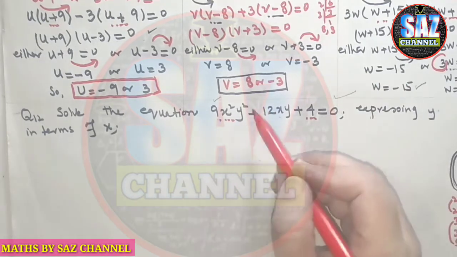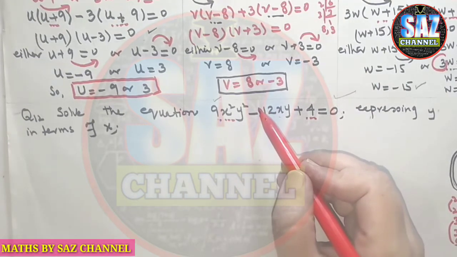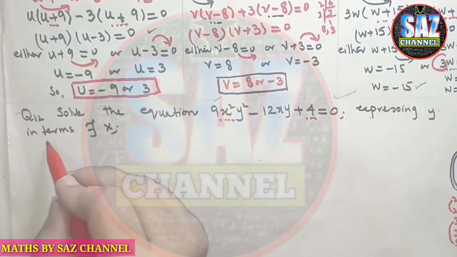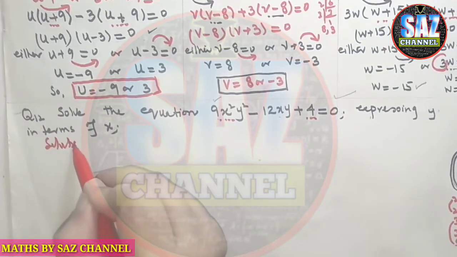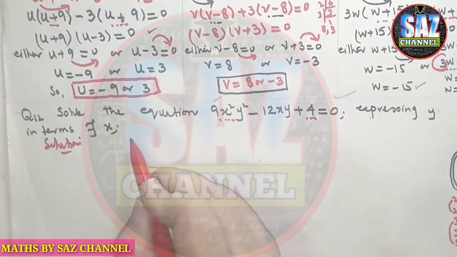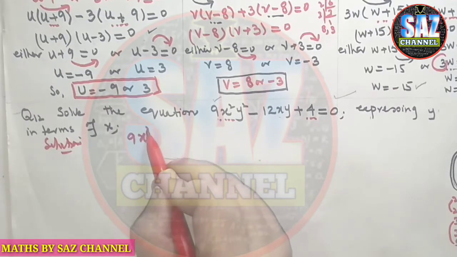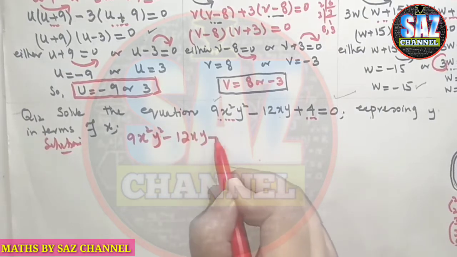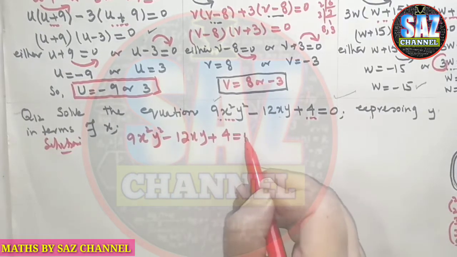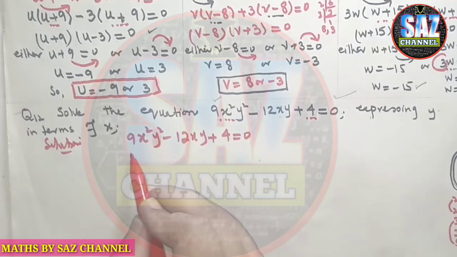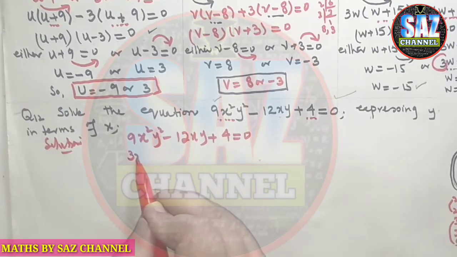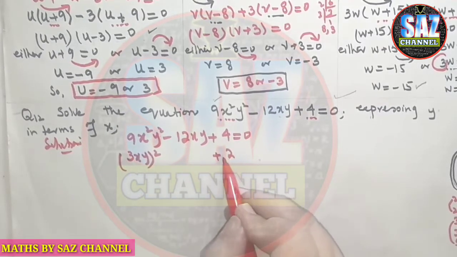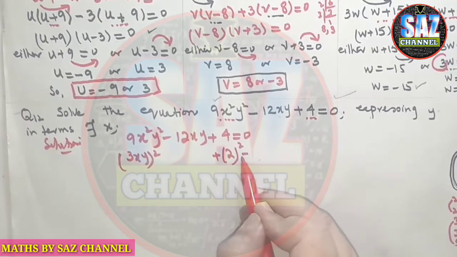As the sign of the middle term is negative, I will be turning it into the form of a minus b whole square. So in order to solve this question, first of all, I have to write the equation in the form of the identity: plus 4 equals 0. What is the number whose square is 9? That is, 3xy whole square plus 2 square equals 0.